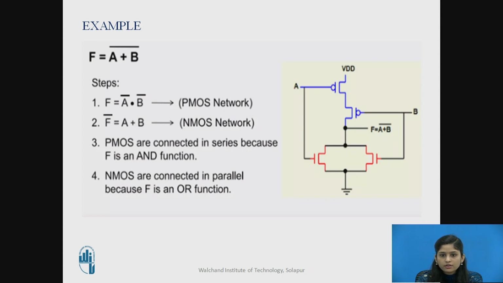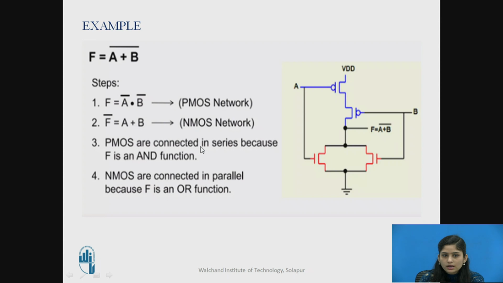Now let us take one example. If F equals A plus B whole bar, it is an example of a NOR gate. First, using De Morgan's theorem, we write F equals A dot B whole bar in our PMOS network and F equals A plus B whole bar in our NMOS network.